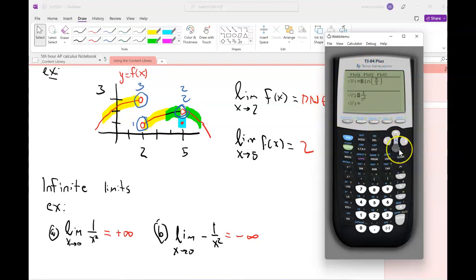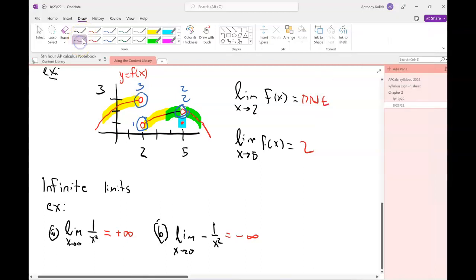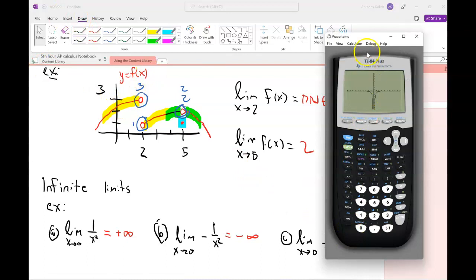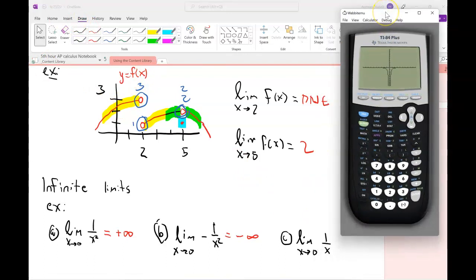Just to demonstrate, tack the negative sign on there, pointing down now instead of up. Everybody's cool? How about the limit as x approaches 0 of 1 over x? Can anybody predict what that's going to be without actually graphing anything?